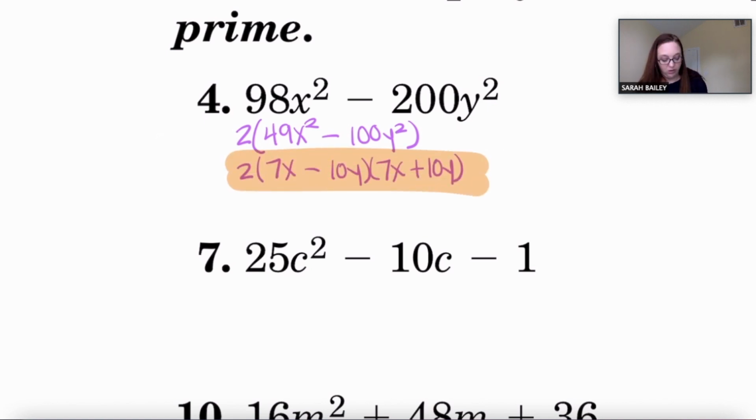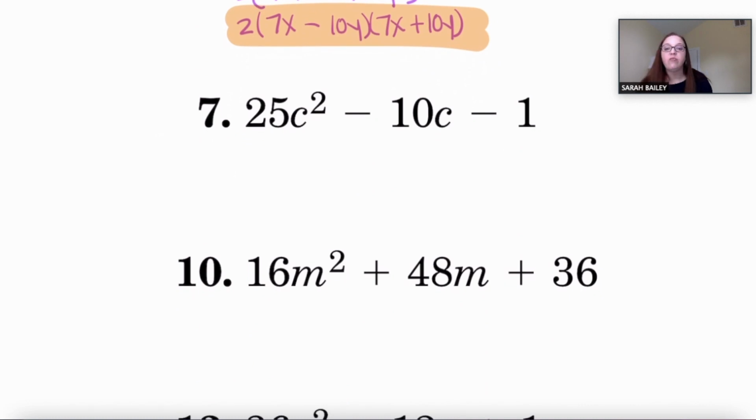All right, go to number 7. So I have 25c squared minus 10c minus 1. There's nothing I can take out of all of them. So let's just go ahead and factor it like we normally would. I'm going to do 25 times 1, which is 25. And then I'm going to list out all the factors of 25: 1 times 25 and 5 times 5.